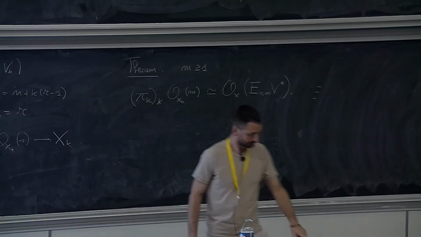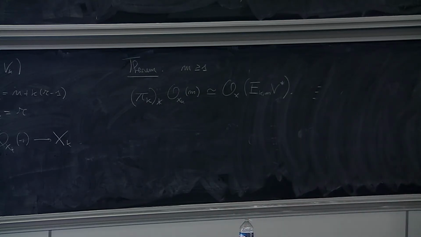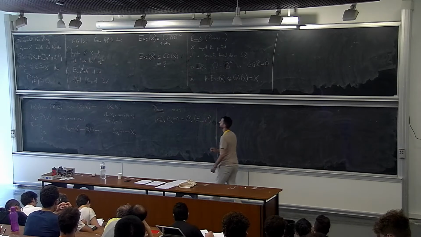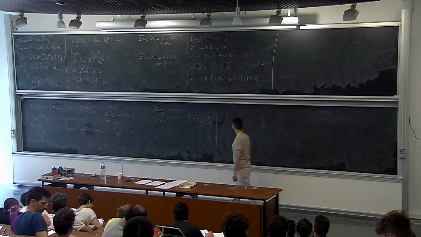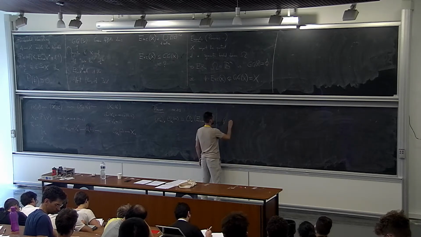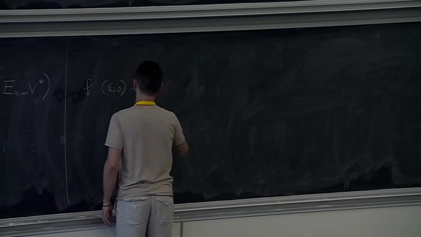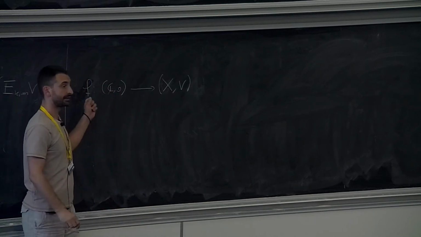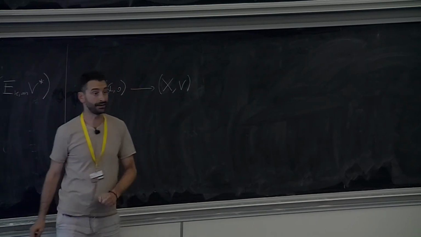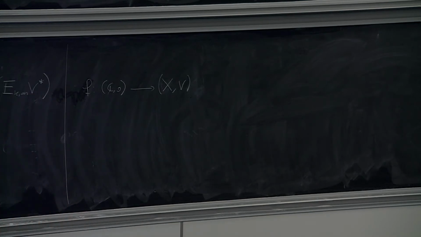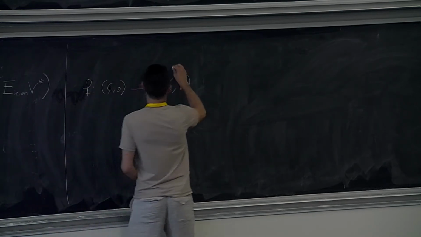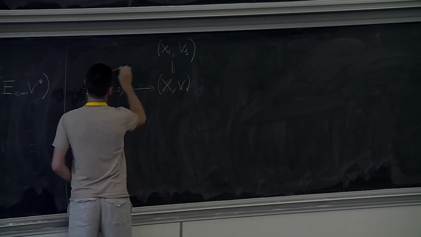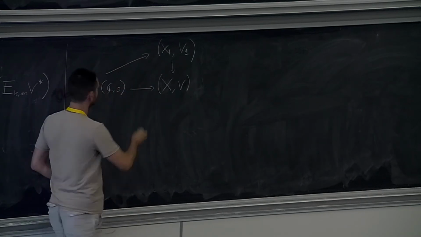Good. And now, suppose you have a map from some neighborhood of 0 in C into (X, V), meaning that the tangent directions are in V. Suppose you have a map like this. So over here you have X1, V1, and they claim that you have a lifting here, which I call f1.